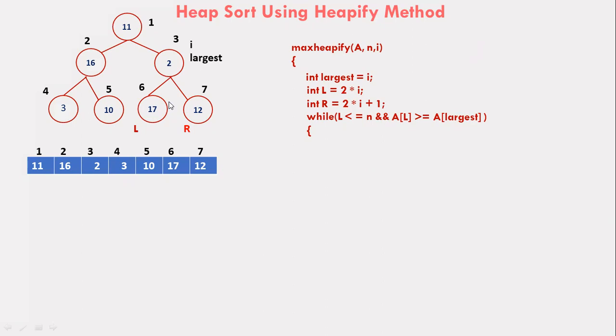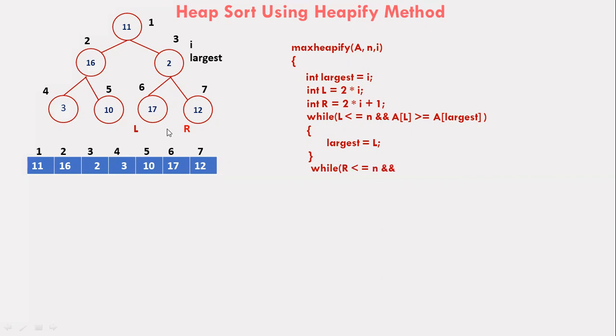Yes, the condition is true. Then what we have to do? We have to swap this 2 with 17. So we use largest is equal to L. So largest value we are assigning. Here my largest will become 6, instead of largest being 3.